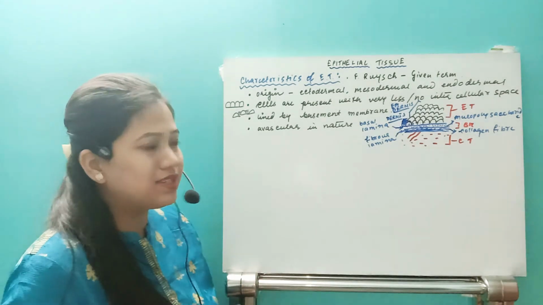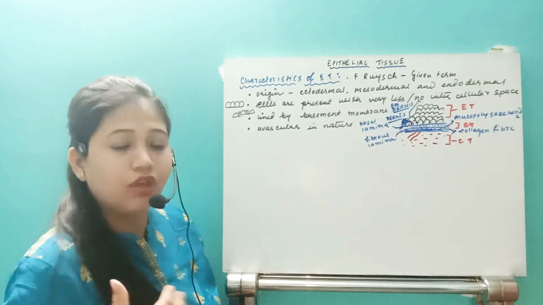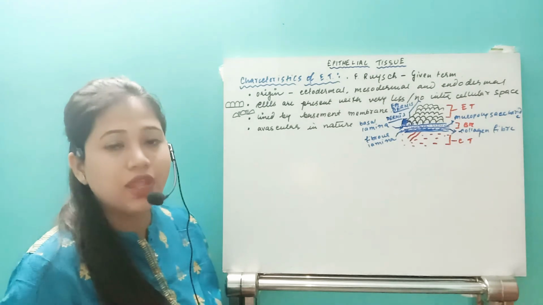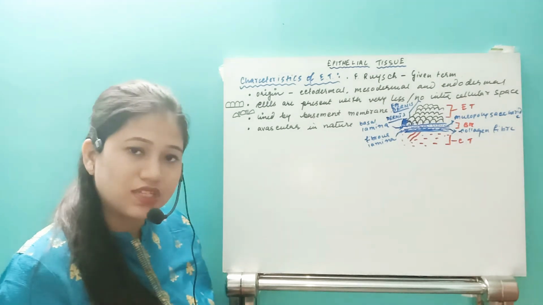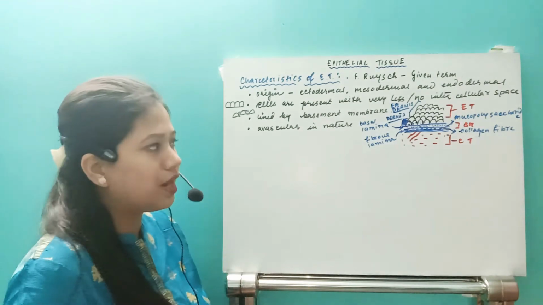So what happens? From the connective tissue layer, the blood transports the nutrients and gases to the basement membrane. The basement membrane gets the nutrients and gases and supplies them to the layer above.